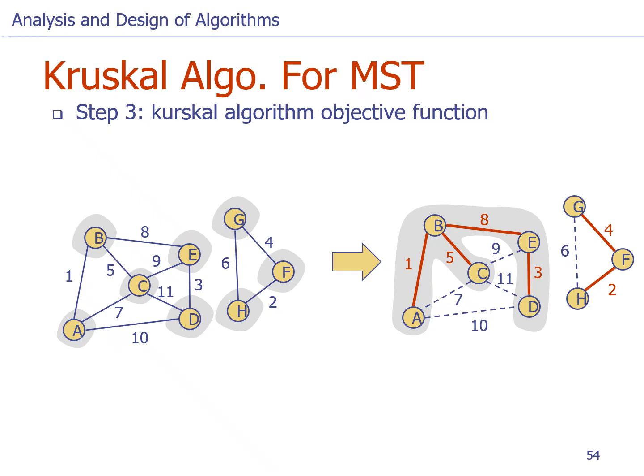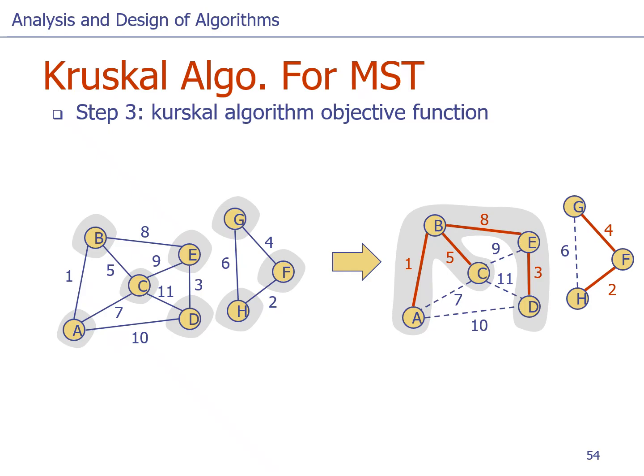So what Kruskal gives you as an output is not just a spanning tree. As you see here, we can reach all vertices, so this is a spanning tree, but it's a minimum spanning tree where the total sum of the values on the edges is as low as possible. You can check that right away by looking at the right side subgraph for G, F, and H. Notice that it picked 4 and 2.